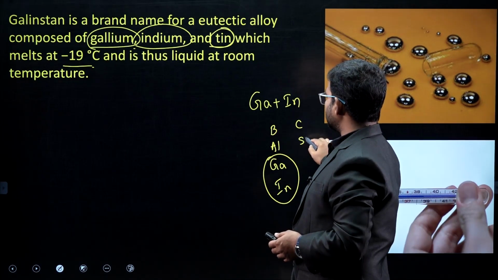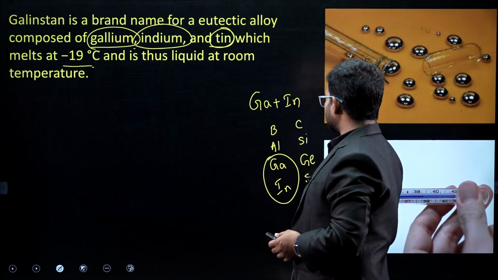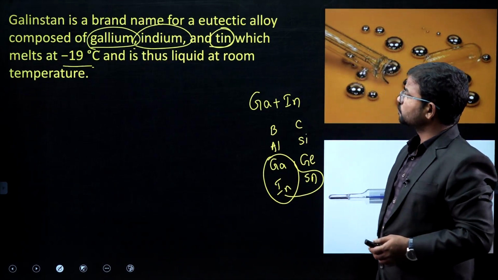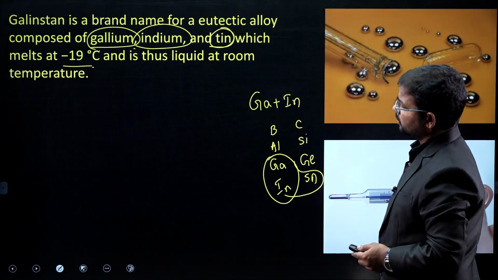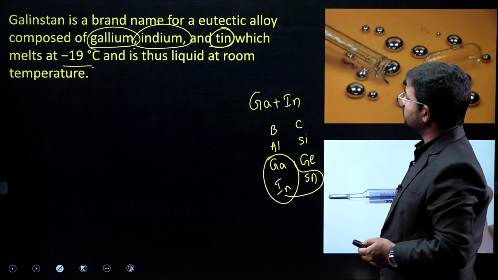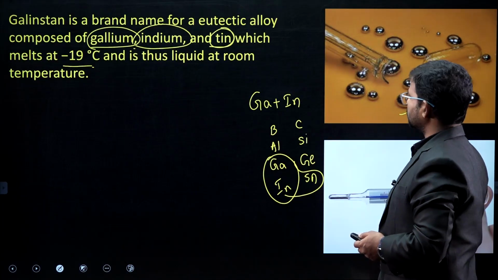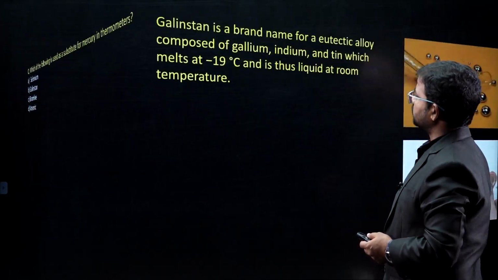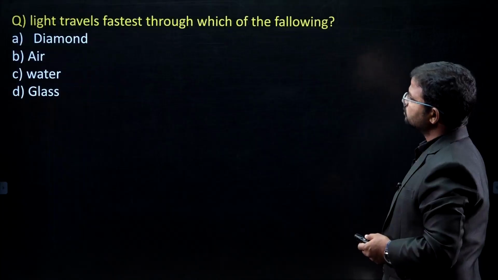So carbon, silicon, germanium, next tin. Here we have tin. So these three elements are used to make mostly this gallinstan. Okay, so here the correct answer is option B only, gallinstan.